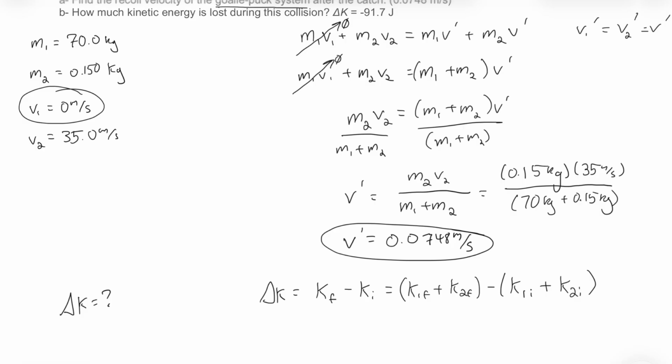Since our goalie was not moving initially, there was no initial kinetic energy for him, so we just need to subtract out the initial kinetic energy of our hockey puck.